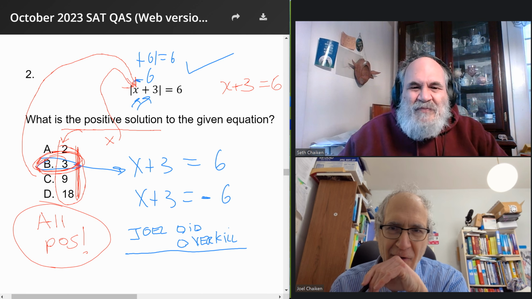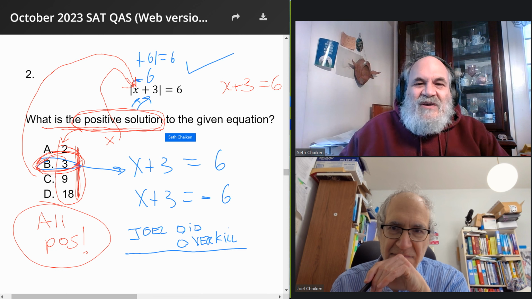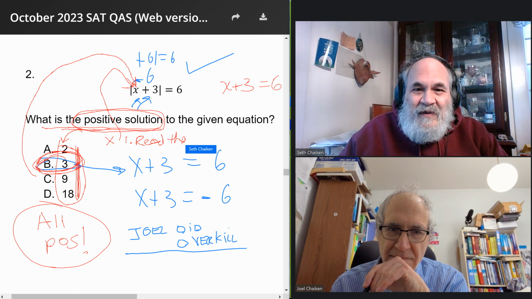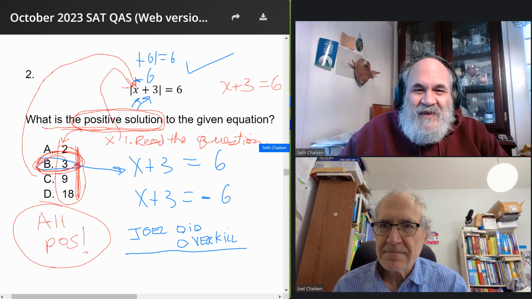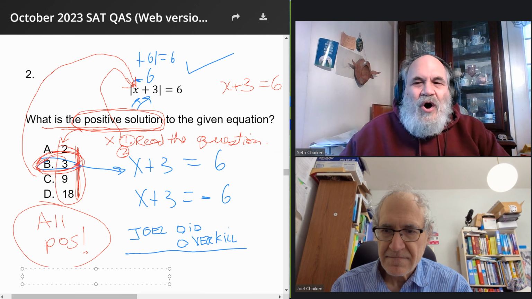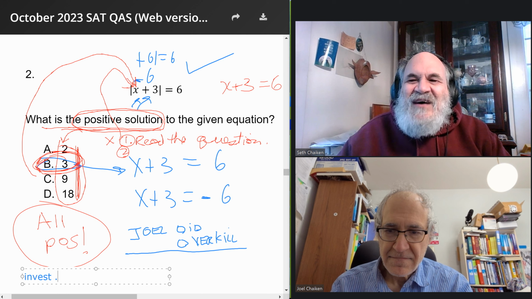So what's the approach? Read the question. Approach 2 is an approach that works only on multiple choice questions on tests.